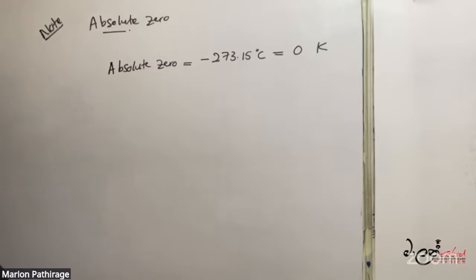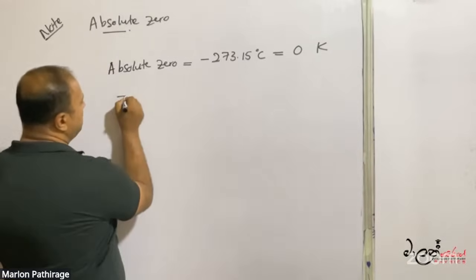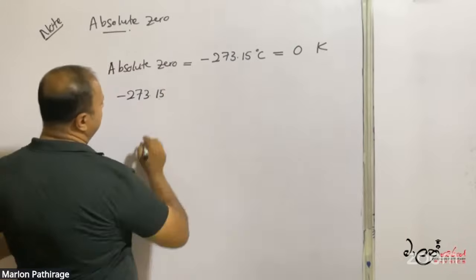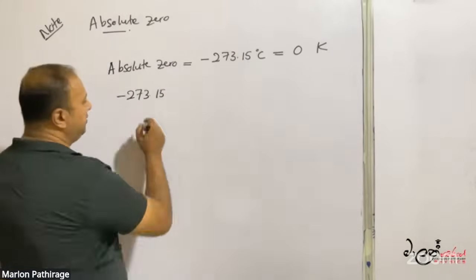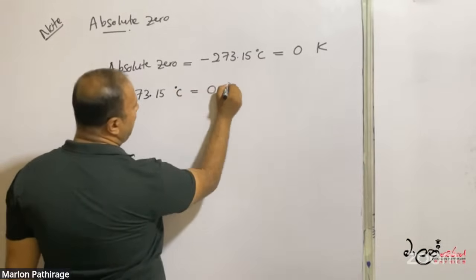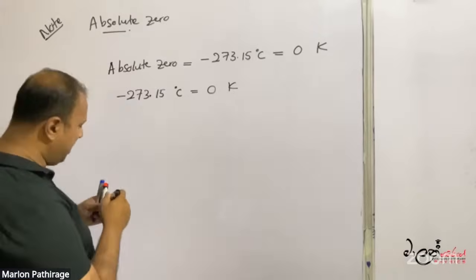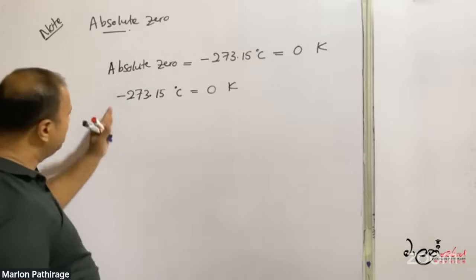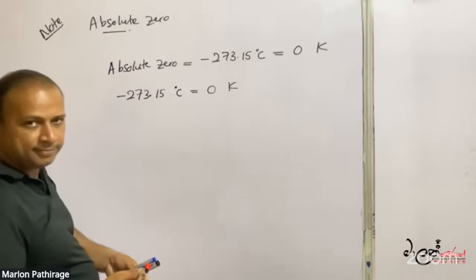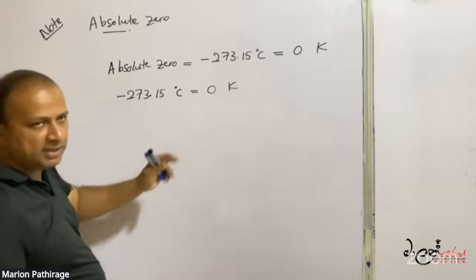Now it is very clear. Minus 273.15, or normally 273, Celsius is equal to 0 Kelvin. Therefore, if you add 273.15 to both sides, this will be 0.